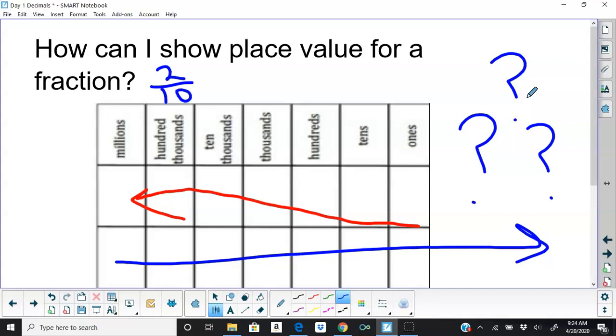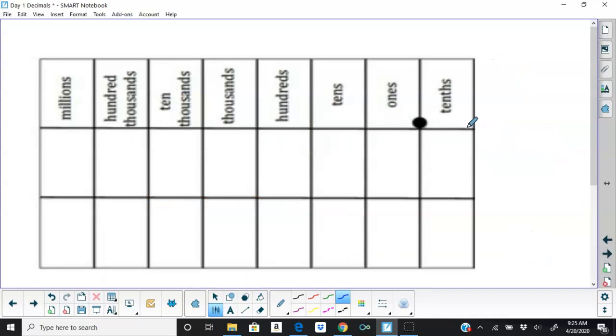Whew, goodness gracious. Well, what if I were to tell you that there actually are more place values? And our first one, right to the right of our ones, is the tenths. And the tenths are a decimal place.